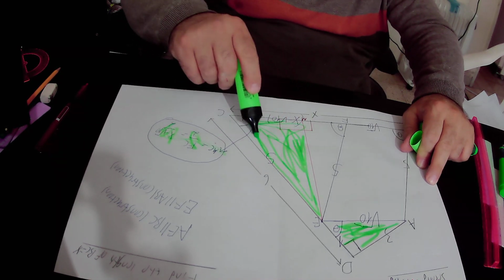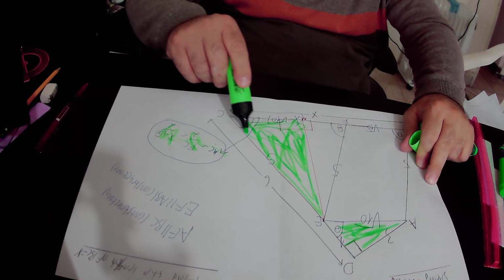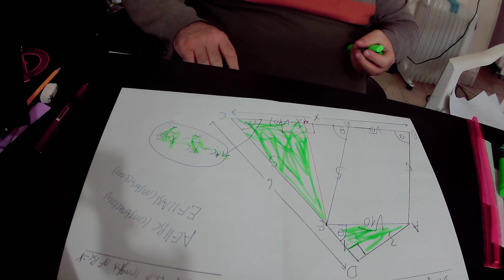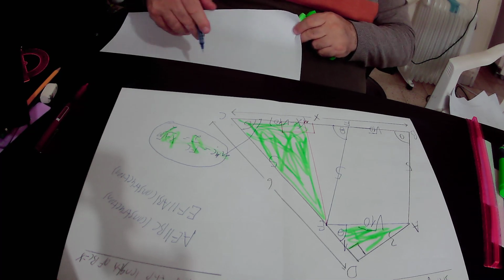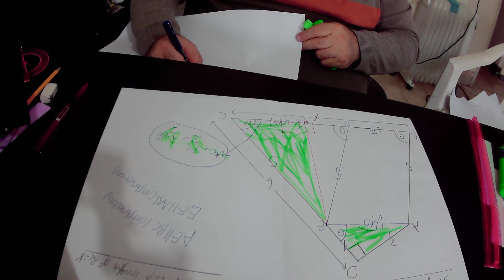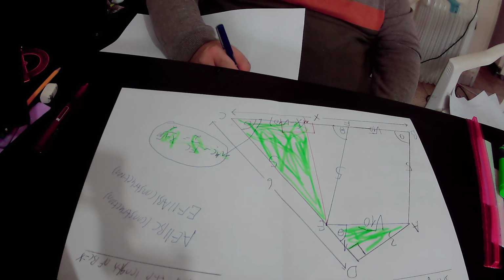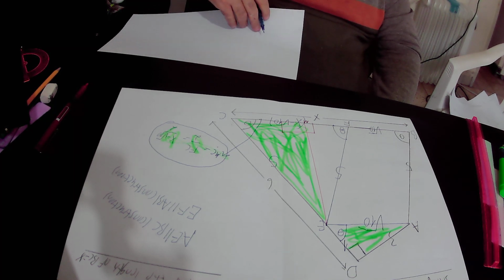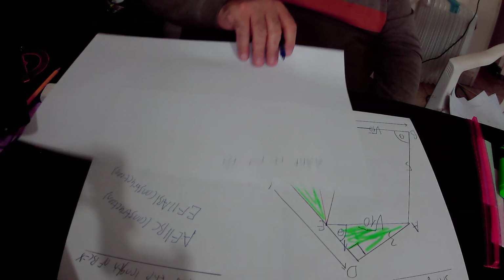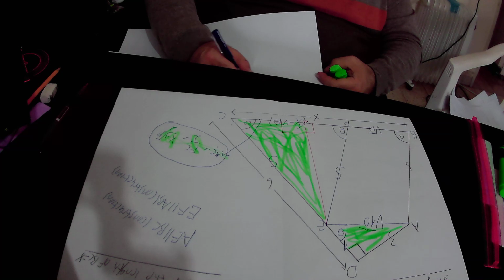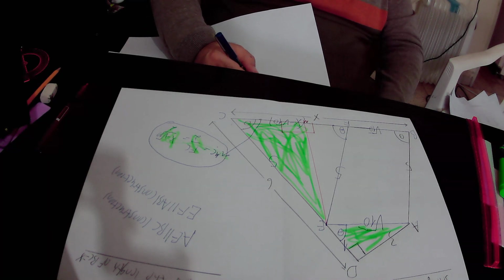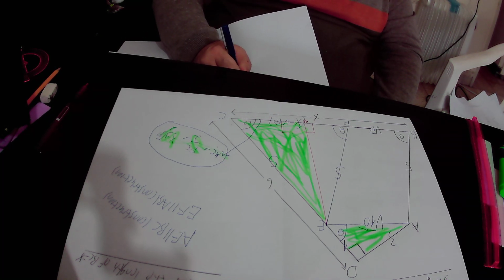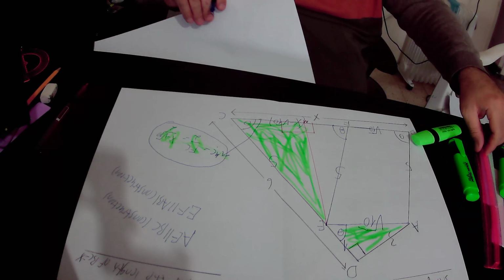I write it down that we will prove that the right triangle ADE is similar, this is the sign of similar, to the right triangle EMC. So why are those two right triangles similar to each other?